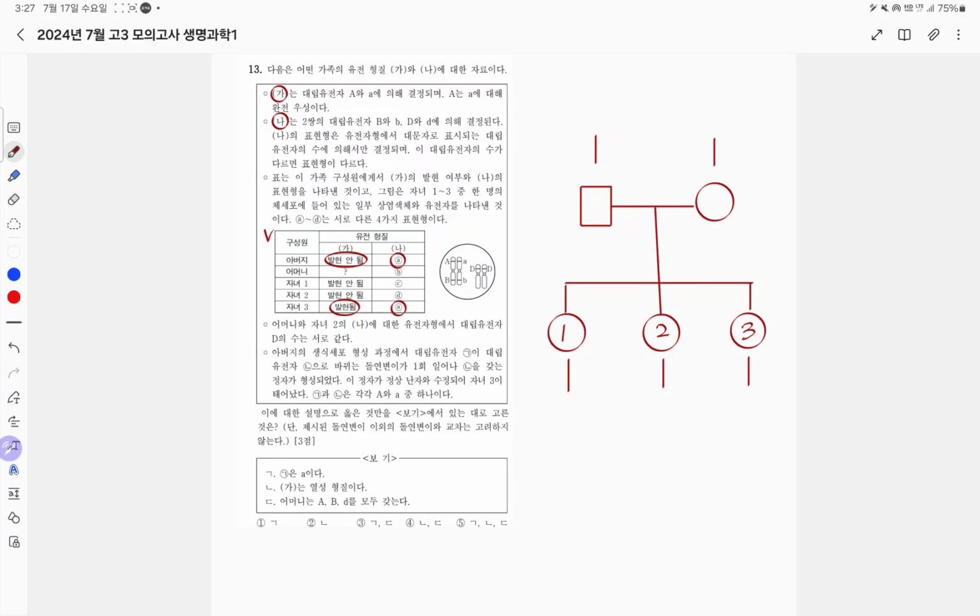The number of capital B and Ds is the same in father and child number 3. And all the other members in the family have different numbers of capital B and Ds.